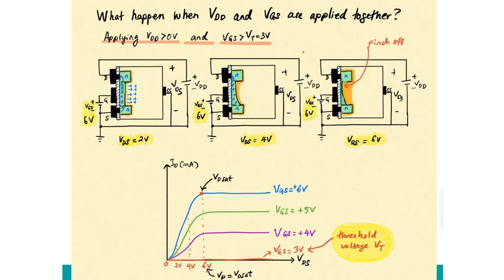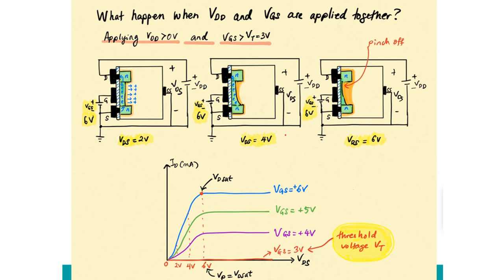It means that the transistor now is on and the channel is there. See, for the first diagram, the channel is here. When the VDS is 2 volt, normally the electrons will flow and we get the current.